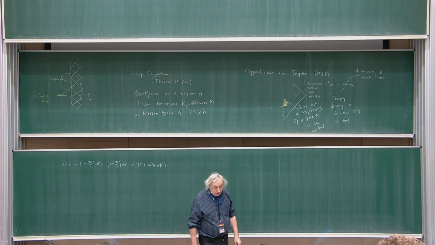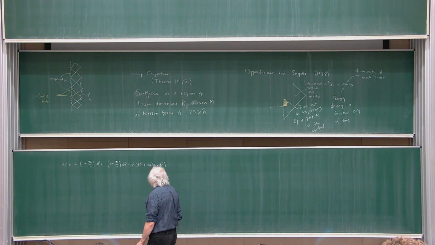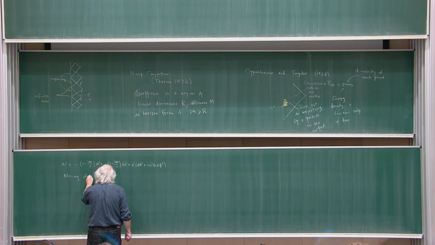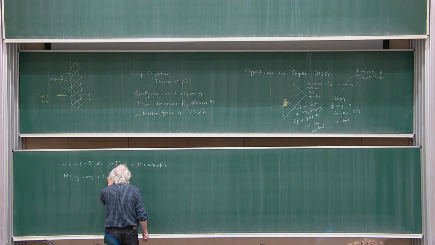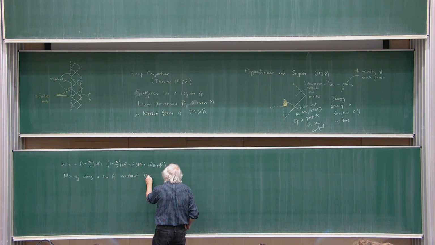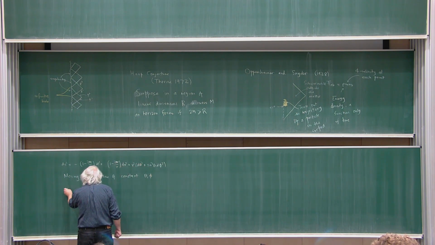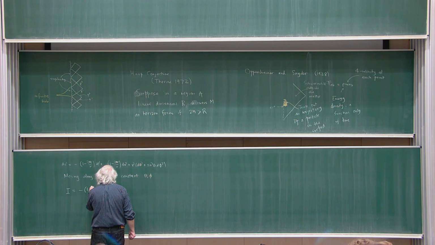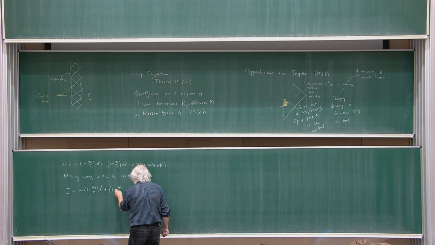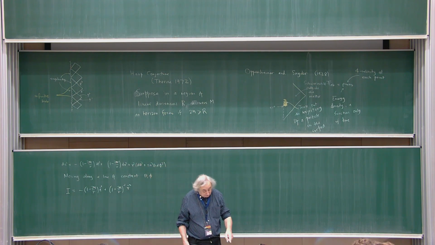If I want to find the geodesics, time-like geodesics, in this metric, moving along the lines of constant theta and phi, then it's just basically moving in the t and r plane, and I can find the geodesics by taking the action I equal to minus (1 minus 2m over r) t dot squared plus (1 minus 2m over r) to the minus 1 r dot squared, and varying it to find the geodesic.